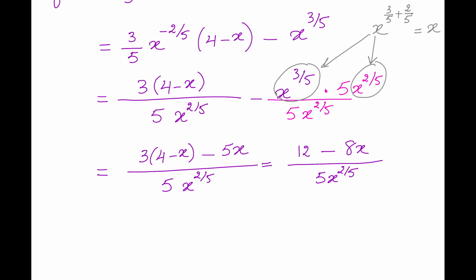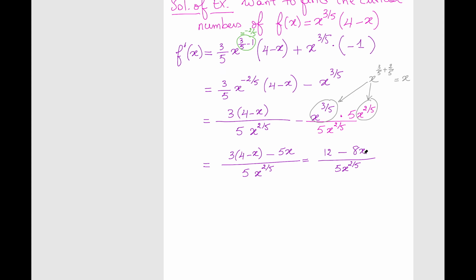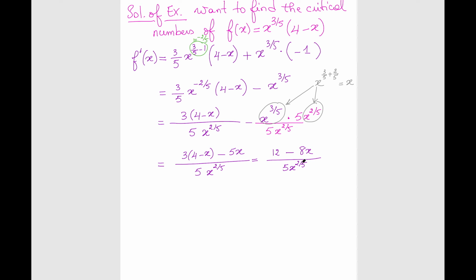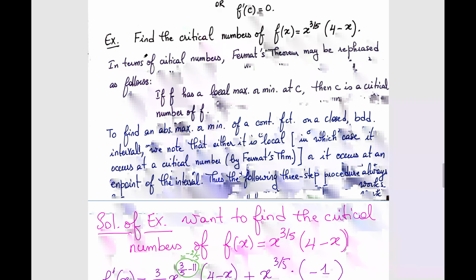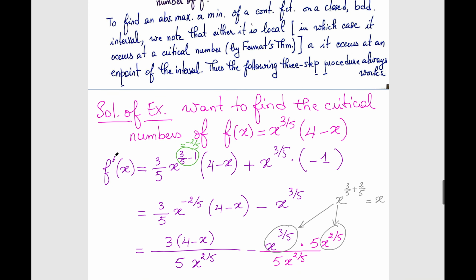Okay, so this is f prime of x. This looks like second derivative, but this is really the first derivative, right? Oops. This is just f prime of x. Alright, just keep it like this.